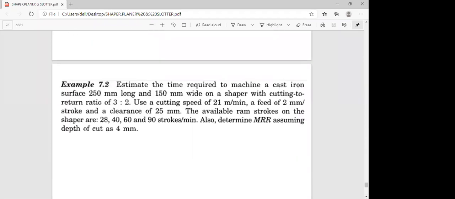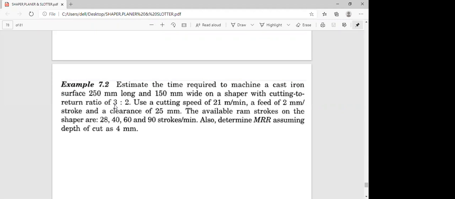The second problem, let's see. He is asking us to determine the material removal rate, assuming the depth of cut as 4 mm. All the other things are the same, though it is a different problem. He has given the length of the cast iron workpiece and the width of the piece. He has given the cutting time to return time ratio as 3:2.